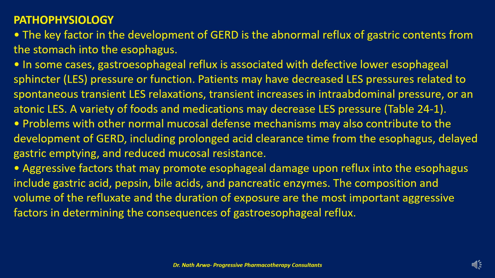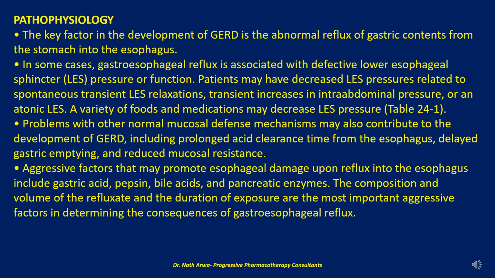In some cases, gastroesophageal reflux is associated with defective lower esophageal sphincter, abbreviated as LES, pressure or function. Patients may have decreased lower esophageal sphincter pressures related to spontaneous transient lower esophageal sphincter relaxations, transient increases in intra-abdominal pressure, or an atonic lower esophageal sphincter.